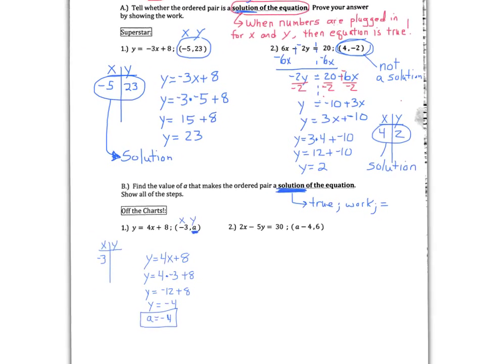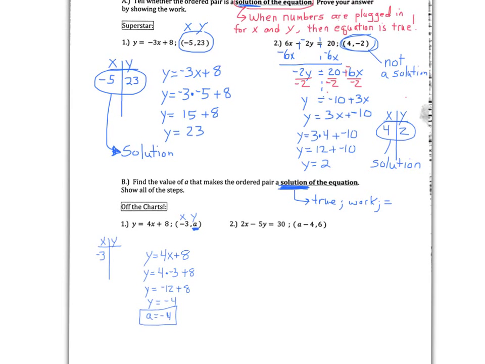We're basically just plugging the x value in, seeing what we get for y. Here they told us we would get 23, and yep, we did. That's called a solution. Here, we had to make function form first, right?